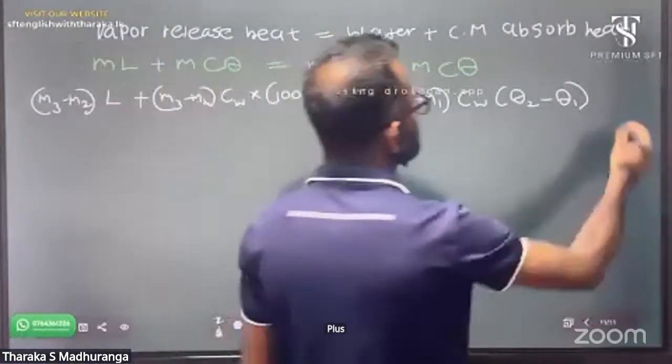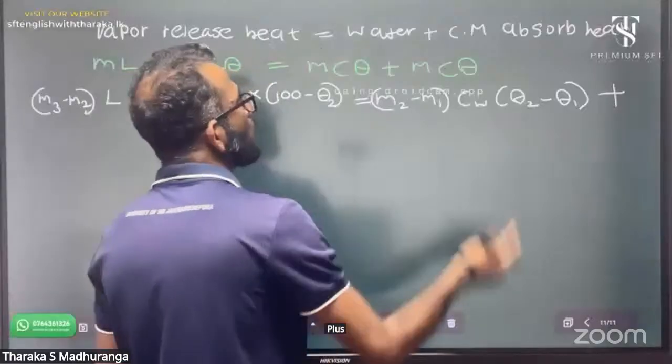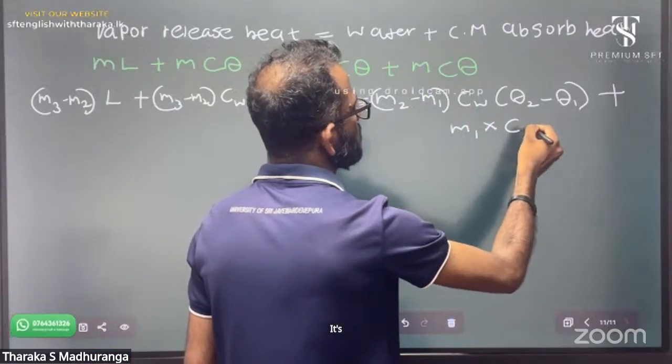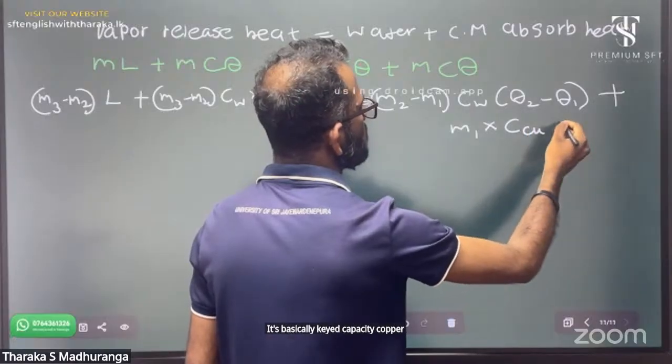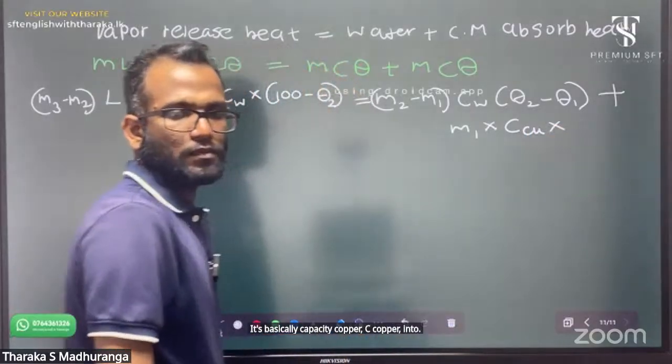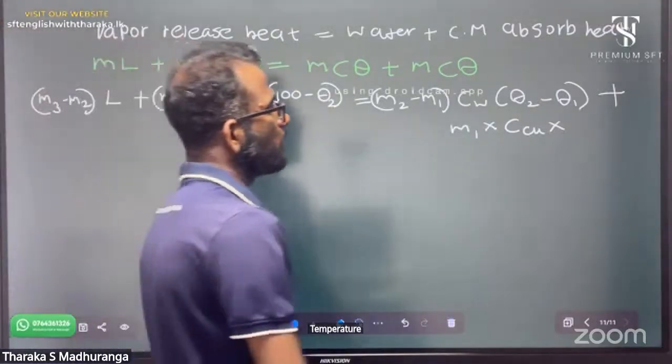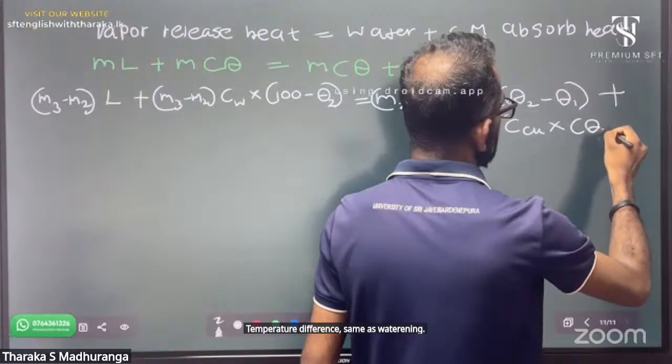Plus the mass of calorimeter M1, empty calorimeter, specific heat capacity copper C copper, into the temperature difference same as water, theta 2 minus theta 1.